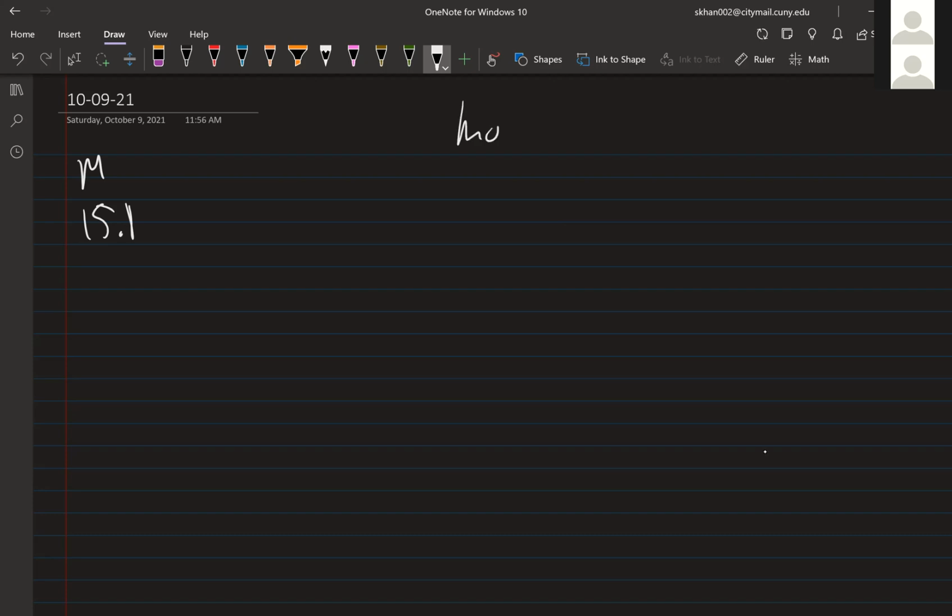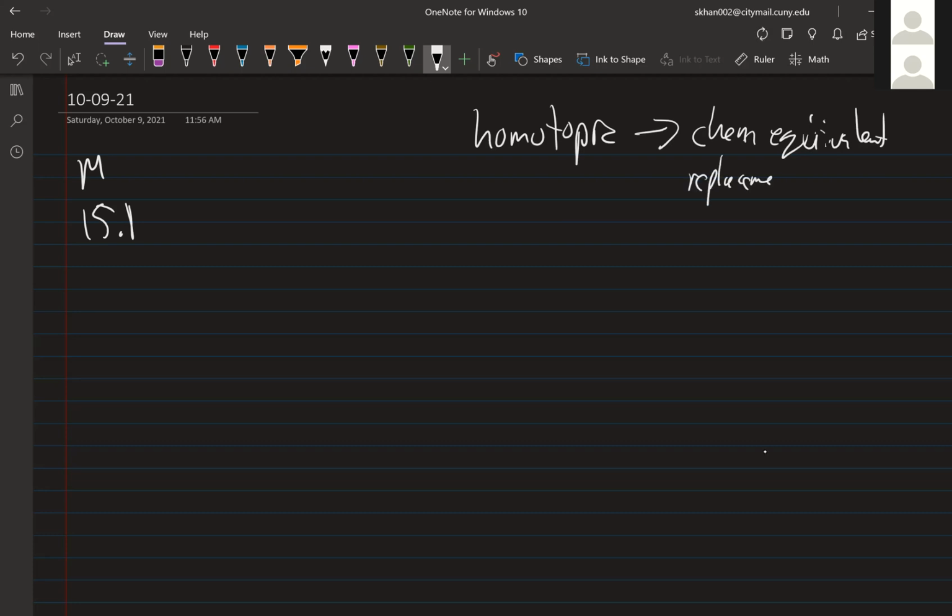So let me write this down. Those in boson's class probably already learned these terms. I will write chemically equivalent: the replacement test makes the same compound.